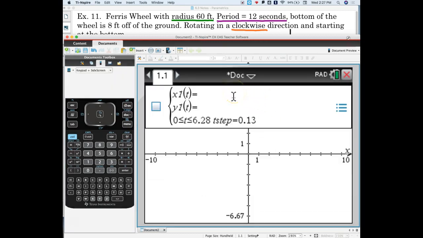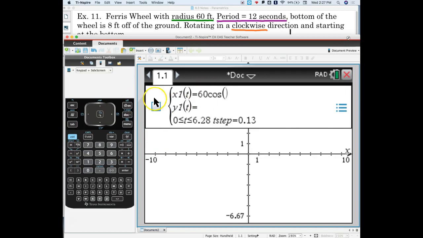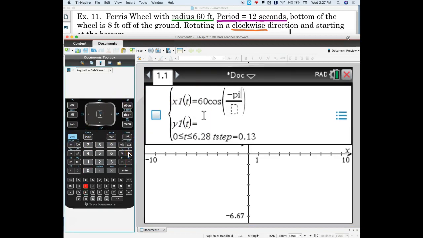So now we can type that into our calculator. We said it was 60 times the cosine of negative pi over 6 times t minus pi over 2.